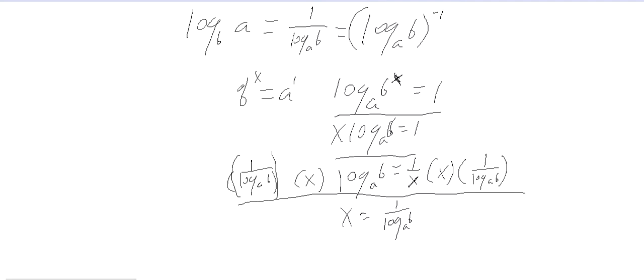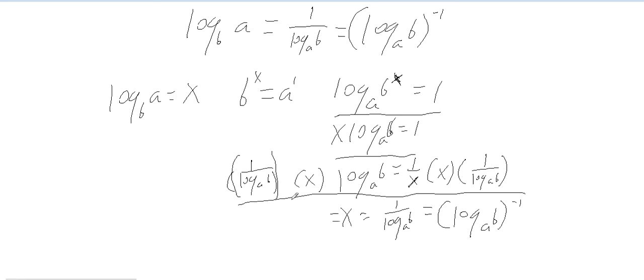And we do know, if we did this normally, this would of course be log base b of a equals x. We can rewrite this as log base a of b to the negative 1 power.